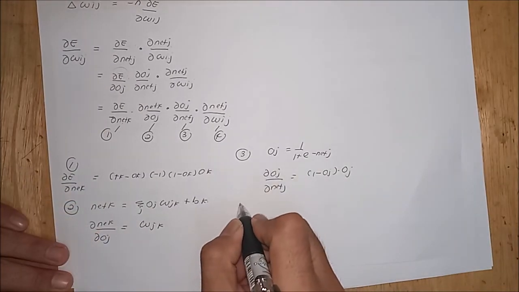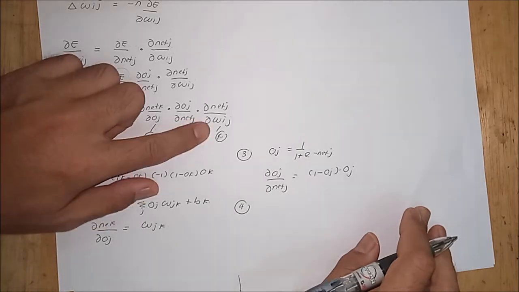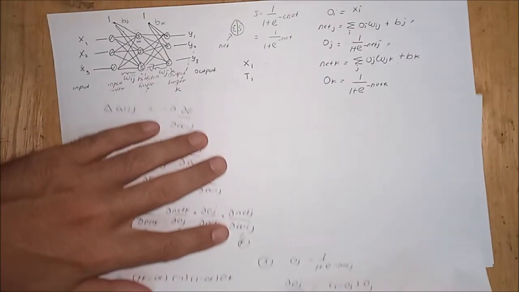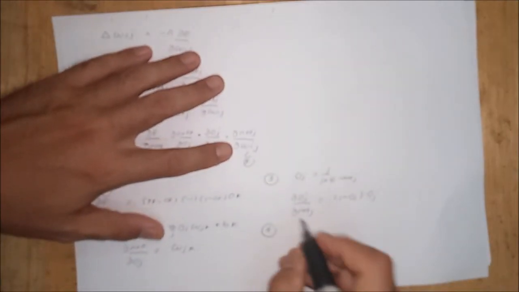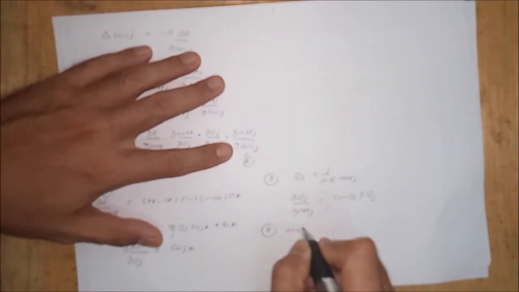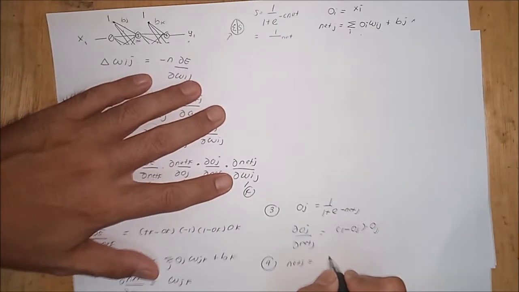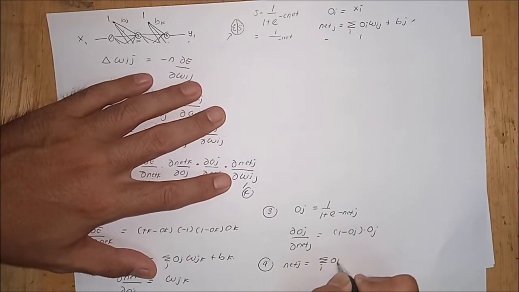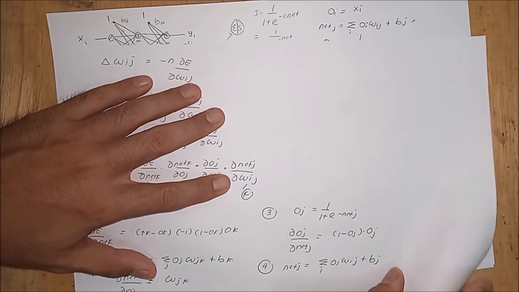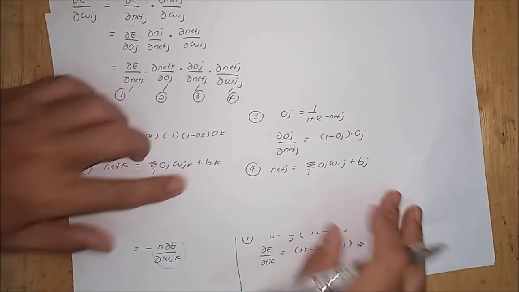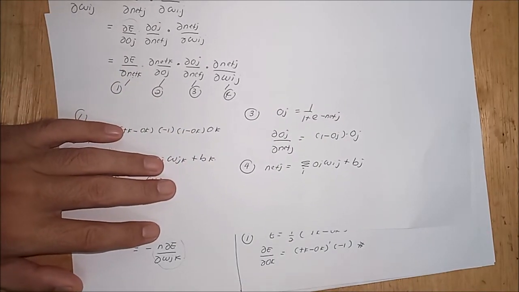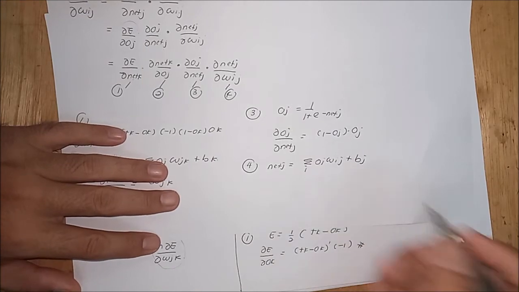And then finally in part number 4, d net j over dwij. So net j is equal to the summation of i oi wij plus bj. This is almost the same as the derivation of our previous layer.